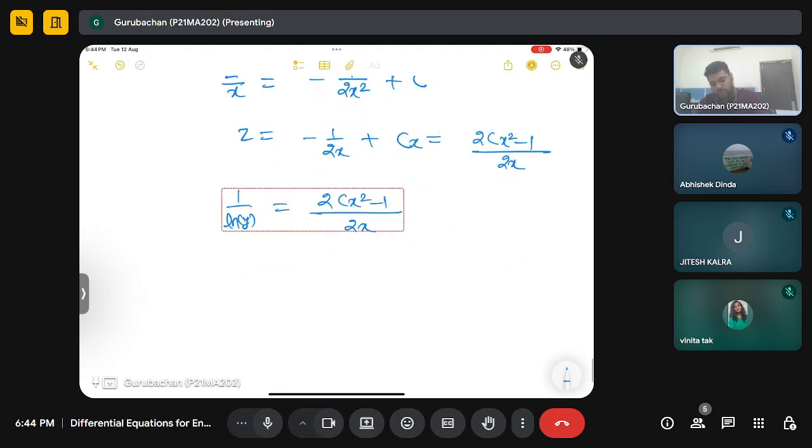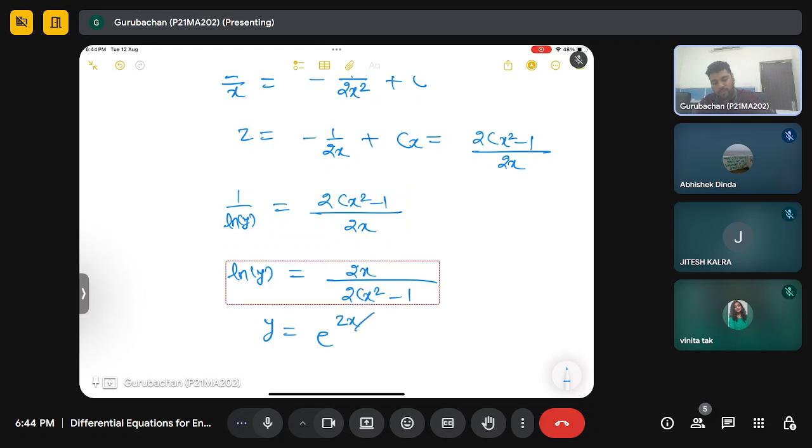So from here ln y will be 2x by 2cx square minus 1, and y will be e to the power x divided by, or if I may write for a simpler way, y will be exponential of 2x divided by 2cx square minus 1.